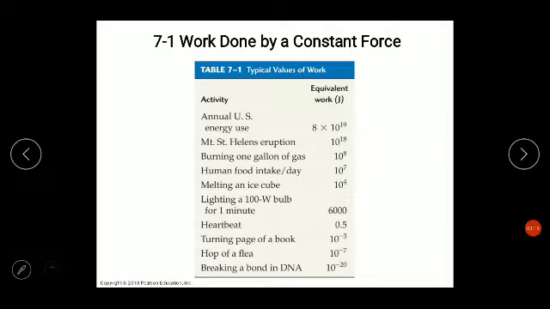Here you have the equivalent work from different sources: the energy used in the eruption of Mount St. Helens, even in melting an ice cube, and so on.